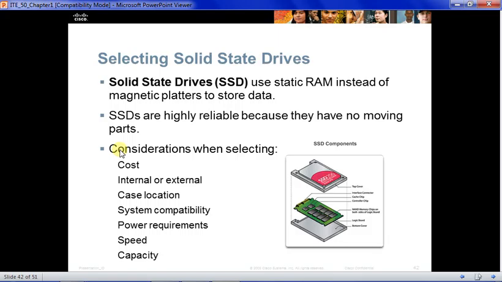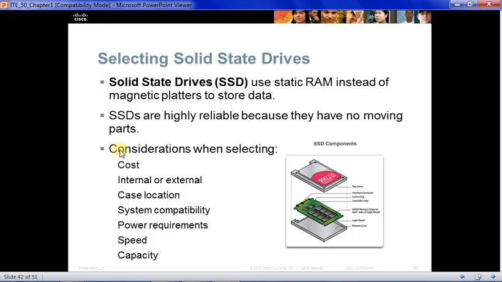But there are some things that you need to consider when selecting. The cost: they tend to be a little bit more expensive. They're not as new as they used to be, and a lot of computers are now using them, so the price is coming down. They can be internal or external.